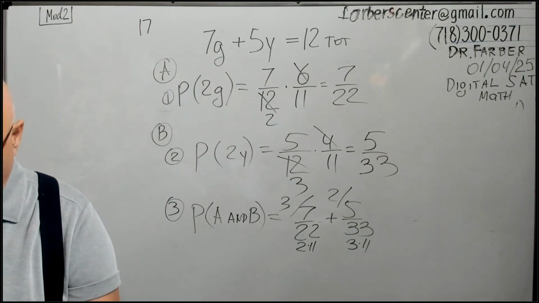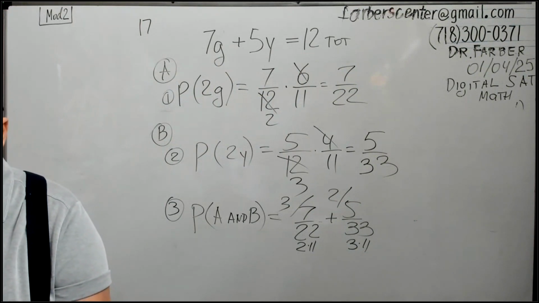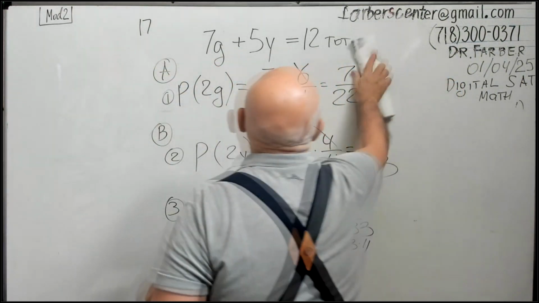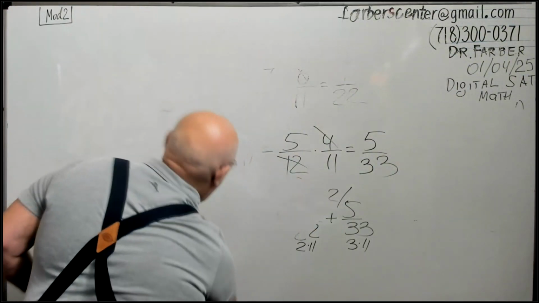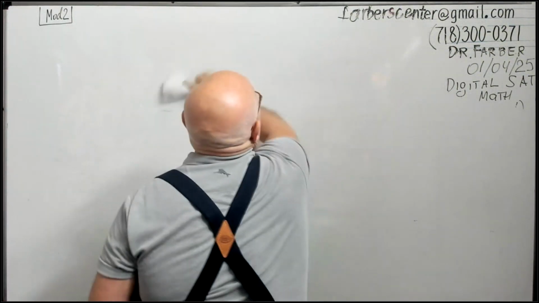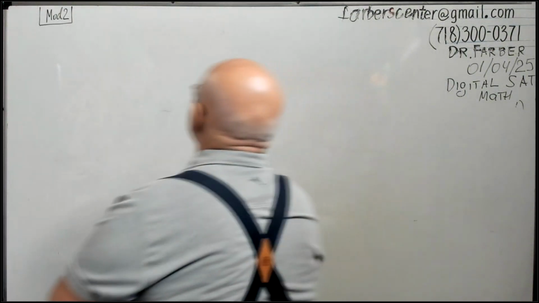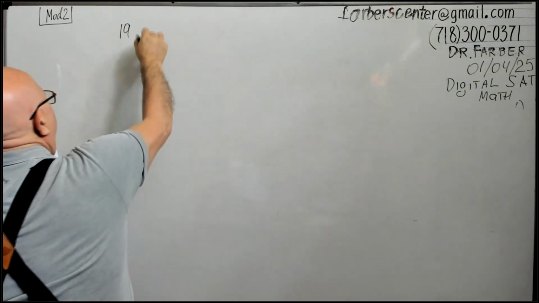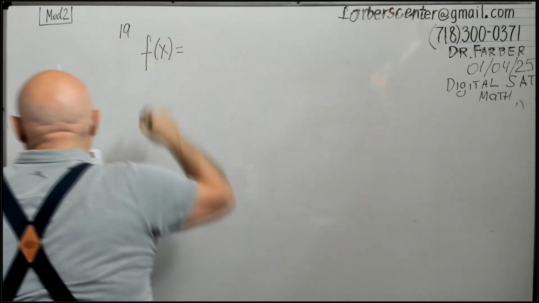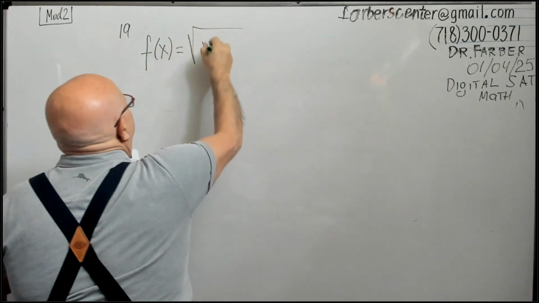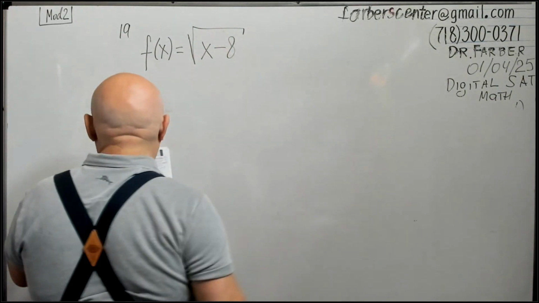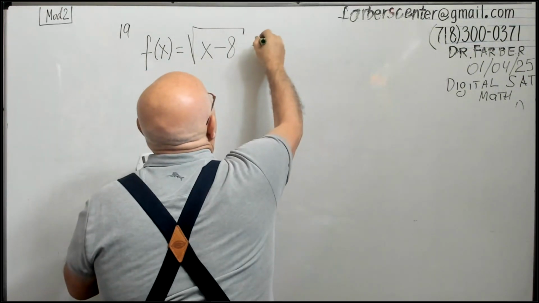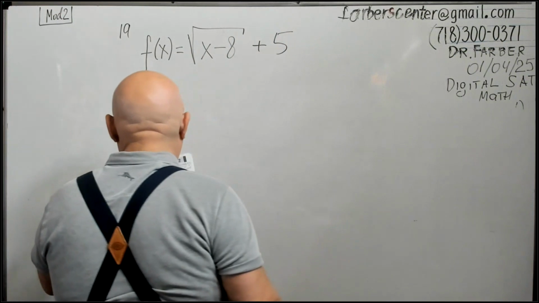Next question, number 19. You have f of x equals square root of 4x minus 8, close this radical, and plus 5. Okay.